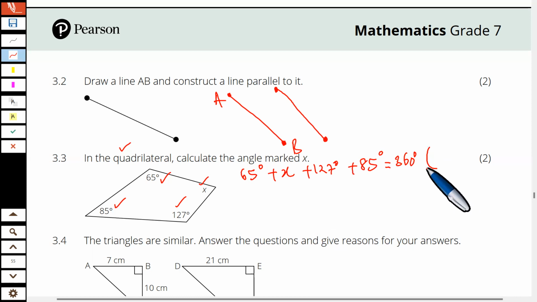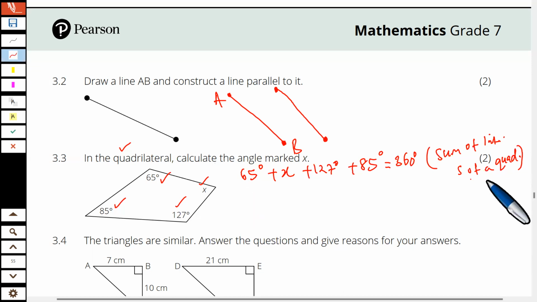The total is 360 degrees, because it is the sum of the interior angles of a quadrilateral. In mathematics, the sum of the interior angles of a quadrilateral is what? It is actually 360 degrees.